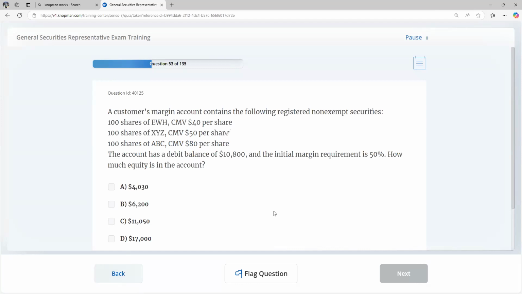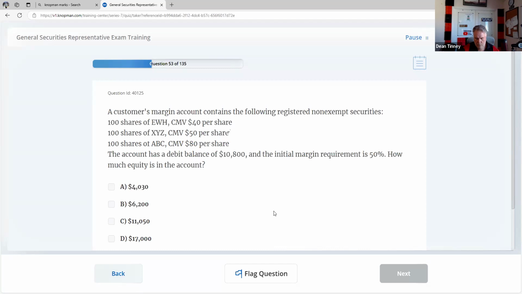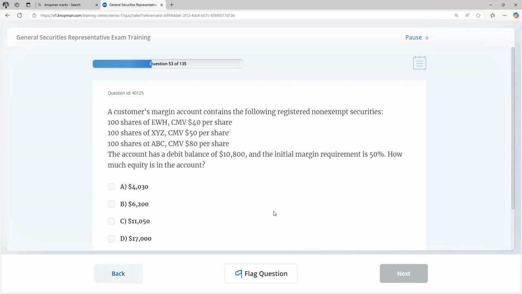Okay. Debit balance. Hold on one second. Did you multiply all of the shares to get the? I might get this one wrong, but I'm between B. Is it right? Did I do it right?